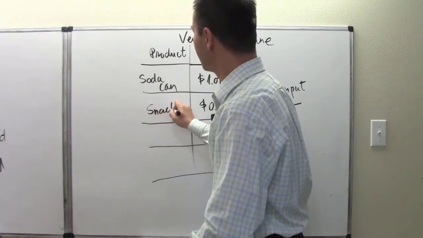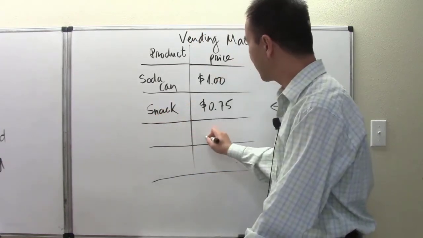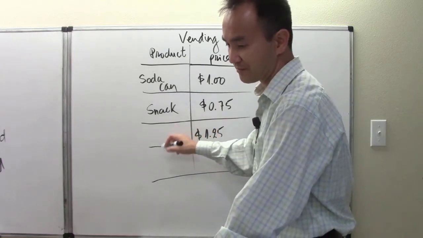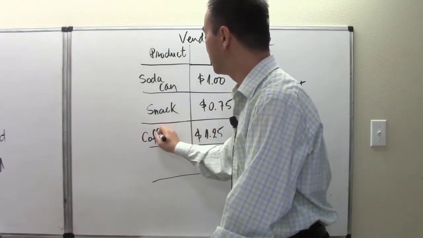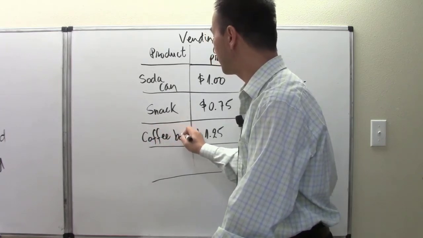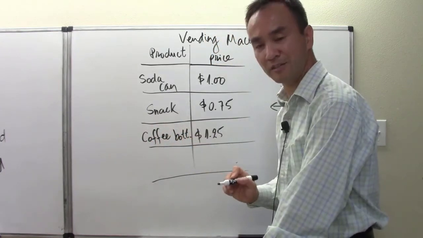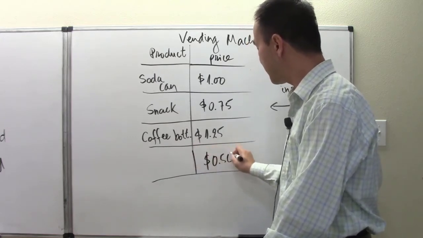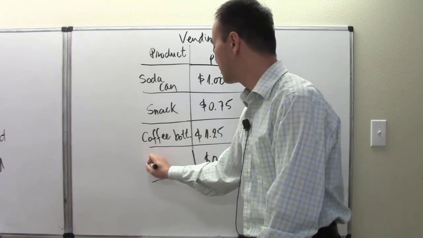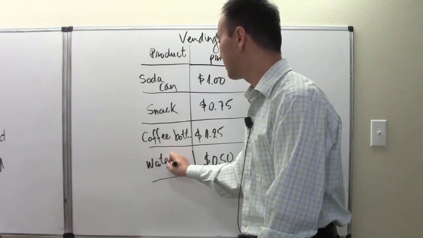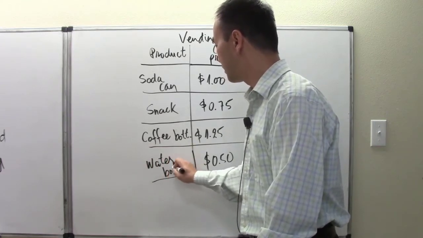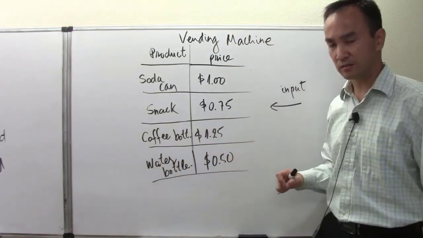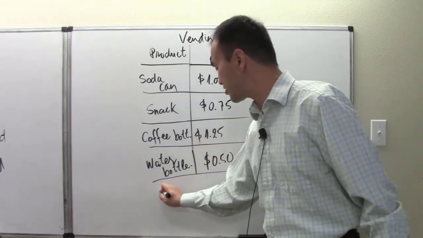And then if you give it $1.25, you're looking at a coffee bottle, like a Starbucks bottle. And if we give it only 50 cents, it gives you a water bottle. And this machine goes with exact change only.